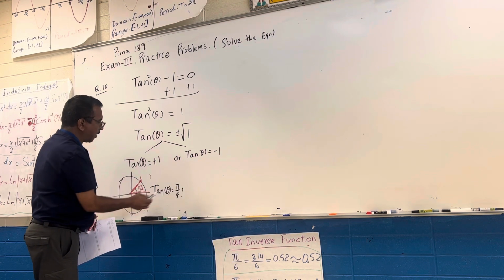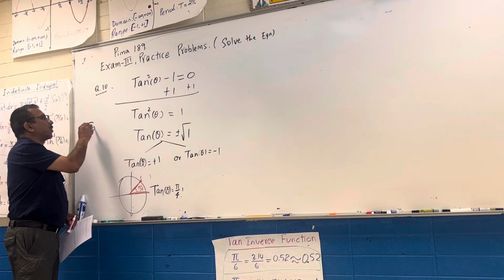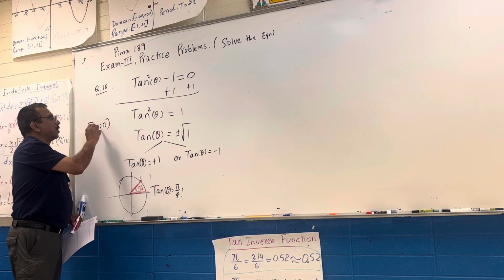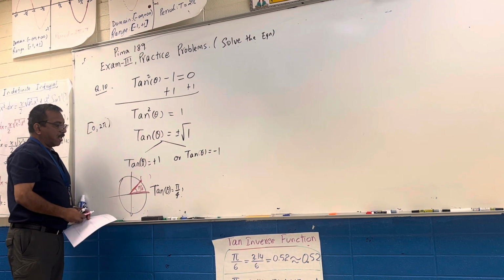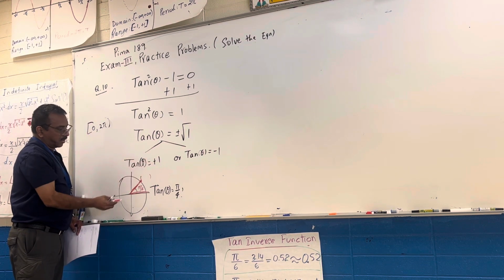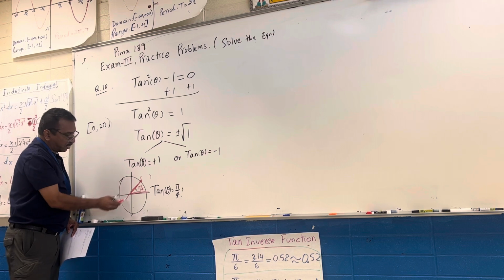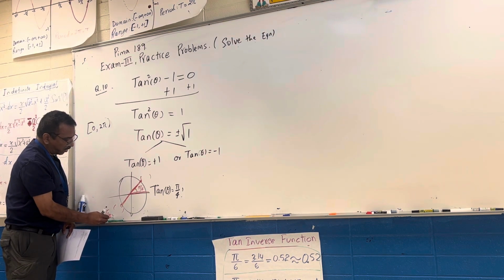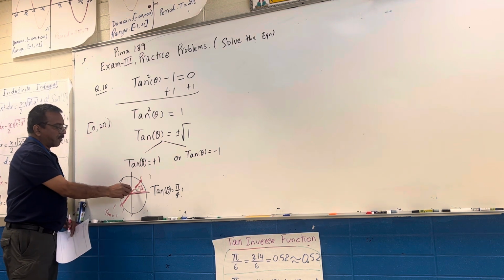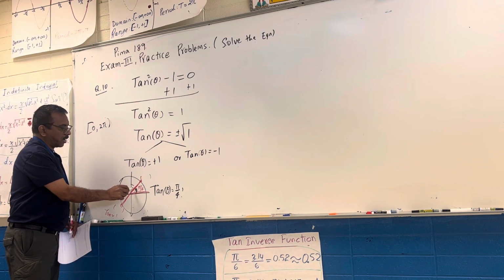And I'm going to write also, let's see if the question was asked from 0 to 2 pi. You can see that tan is also positive on the other side. So go this side, also tan is positive. That means how many pi by 4 is this? So this is 1 pi by 4, this is another pi by 4, then another pi by 4.